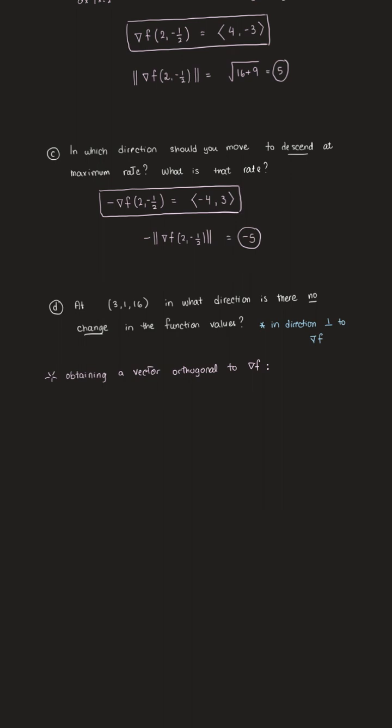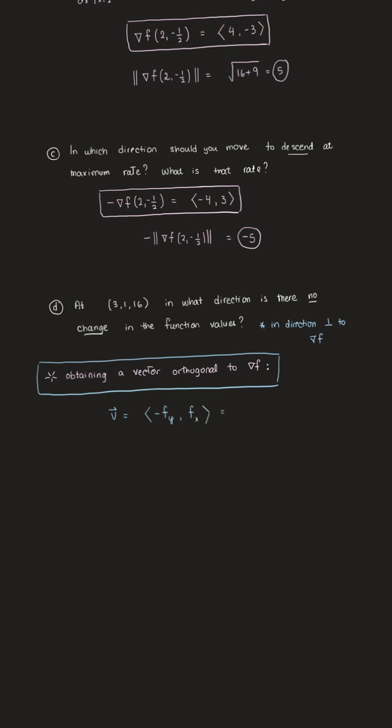So the question now is, how do we find a vector that's going to be orthogonal to the gradient? Let's call this vector v. And vector v is orthogonal to the gradient. Its components will be the following. They will be negative the partial derivative with respect to y, and positive the partial derivative with respect to x.